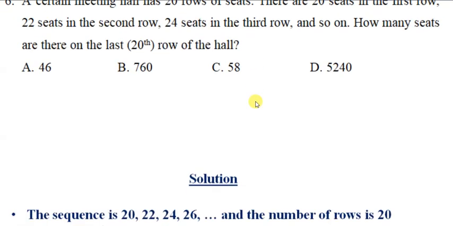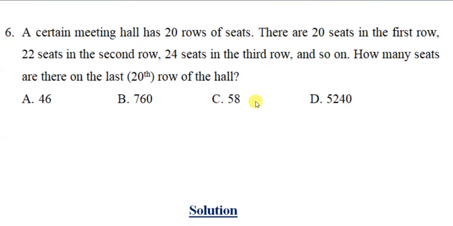To understand this, suppose there is a hall. According to this, it is a meeting hall. Let us draw the first row as a straight line. There are 20 seats on the first row.